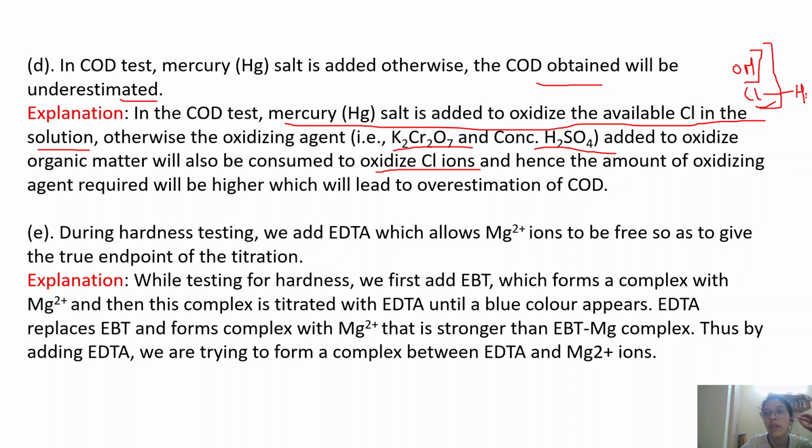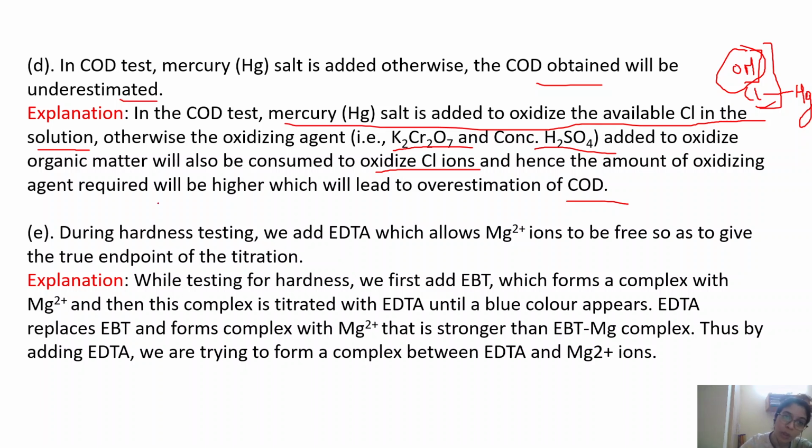So whatever the remaining thing is there, K2Cr2O7 will be used in consuming that. So we will know the real amount of COD. Otherwise, for both the things, K2Cr2O7 will be required, so it will lead to overestimation of COD. We will think more organic matter is there, but in reality, it is not. It is organic matter plus chlorine plus other compounds.